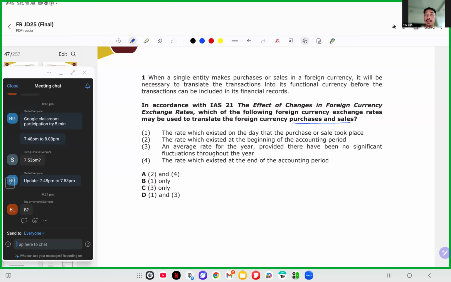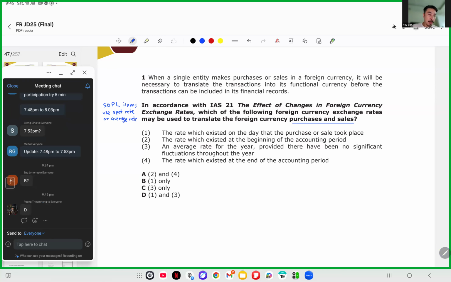Purchases and sales are P&L items. So for these P&L items, I will use either the spot rate or the average rate. I cannot use the closing rate.